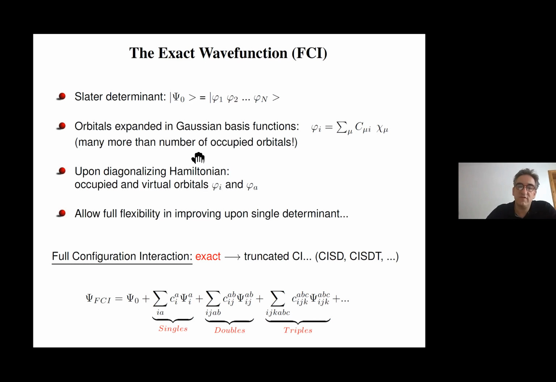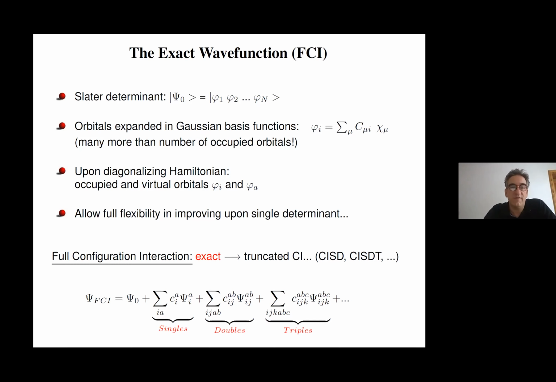As I said, we have this Slater determinant, with one-particle functions describing our electrons. In order to solve the SCF and the Hartree-Fock equations, we expand our orbitals in Gaussian-type basis functions typically. Here are the spin orbitals and the basis functions, and we combine them by these molecular orbital coefficients. If we had a complete basis set, it would be an infinite basis set.